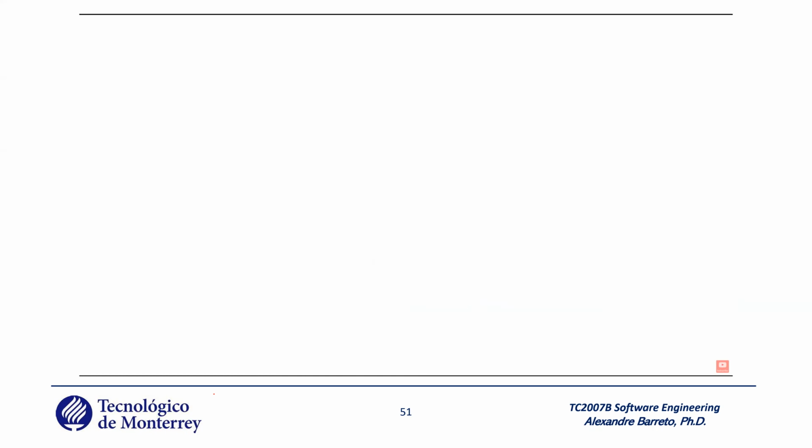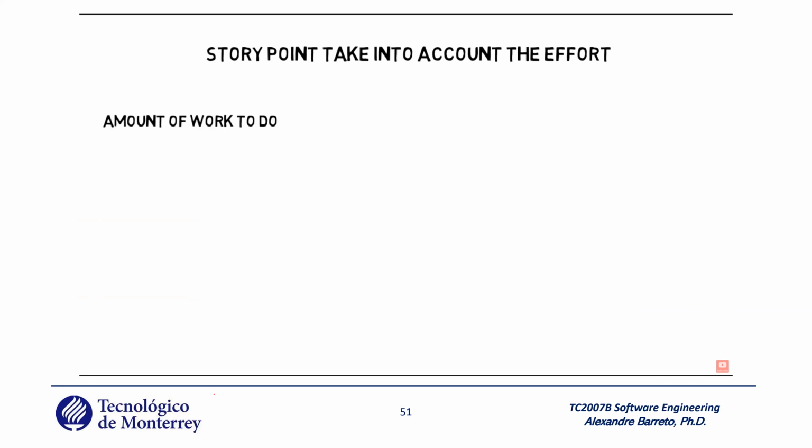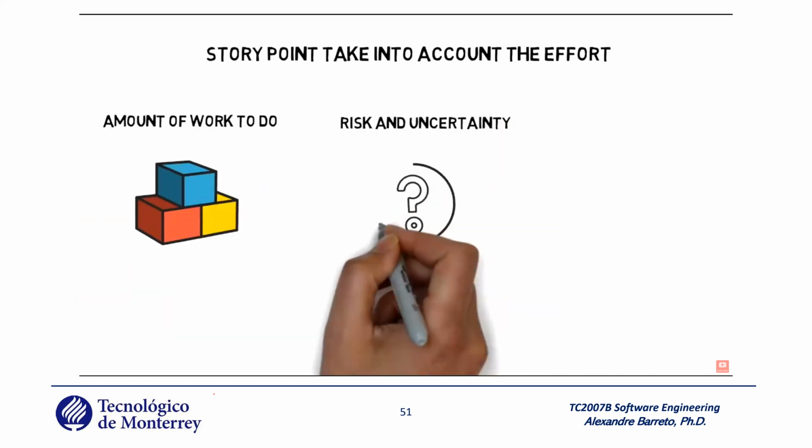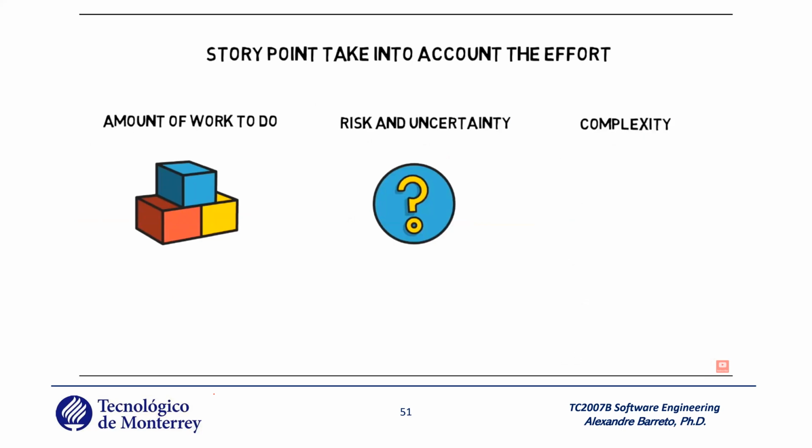As explained earlier, story points estimation takes into consideration the effort needed to accomplish a task. An estimate of the effort involved can be influenced by the amount of work to do, the risk and uncertainty, and the complexity. In terms of amount of work needed, consider the task of folding papers.